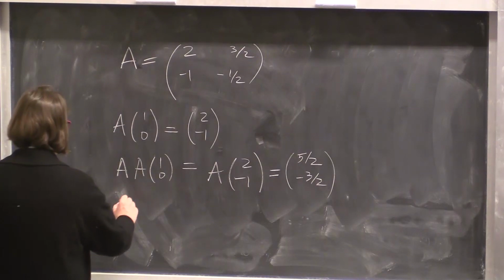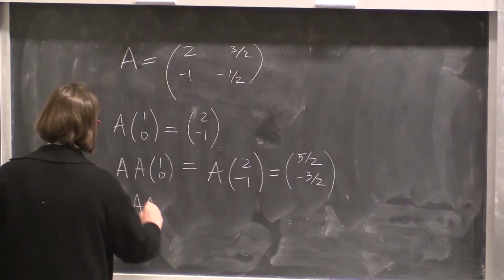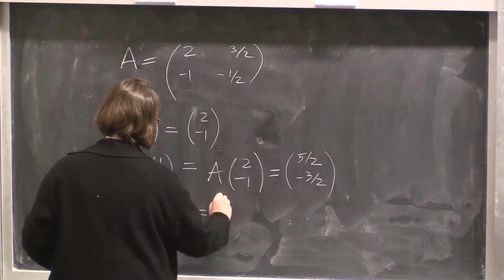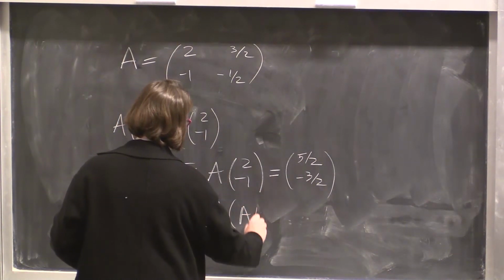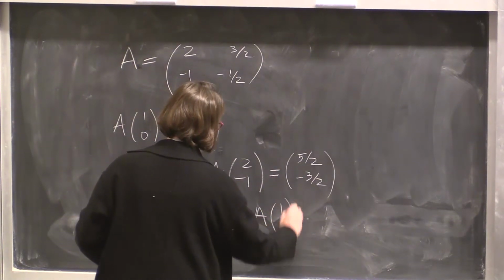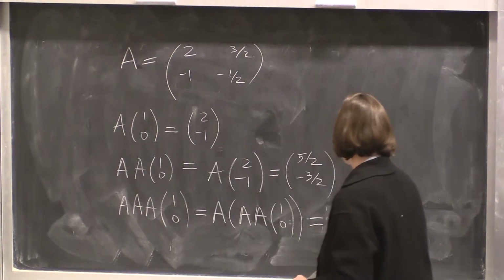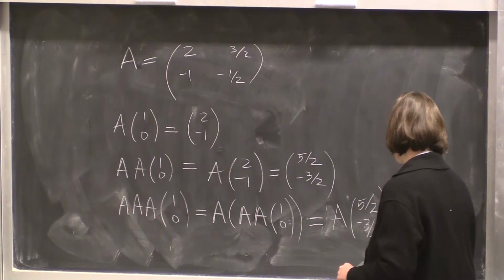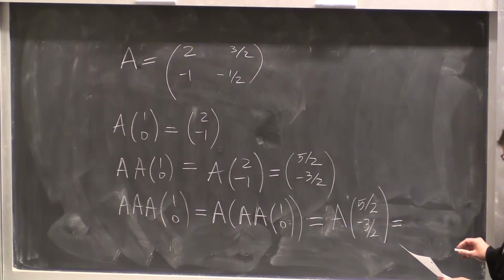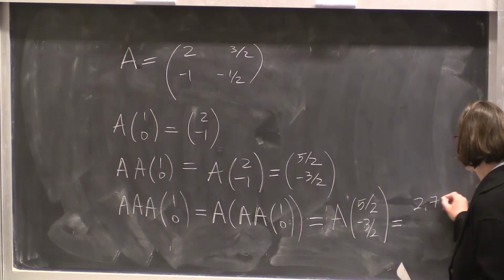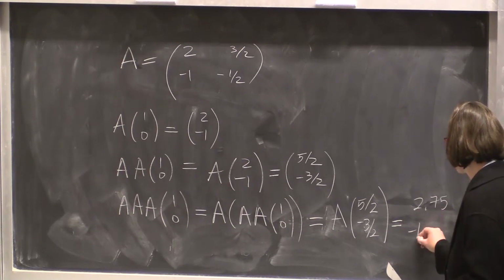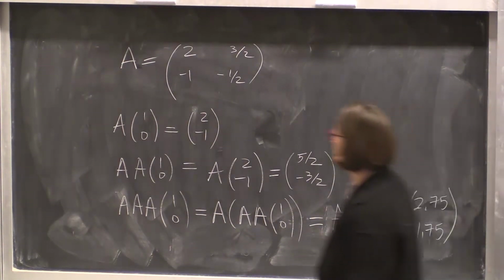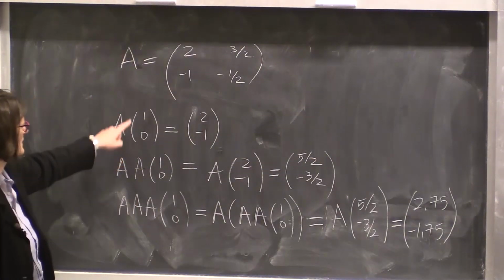And if I apply A 3 times to the vector (1, 0), that is A times what happens if I apply A twice to (1, 0). So that is A times (5/2, -3/2), which is (2.75, -1.75).